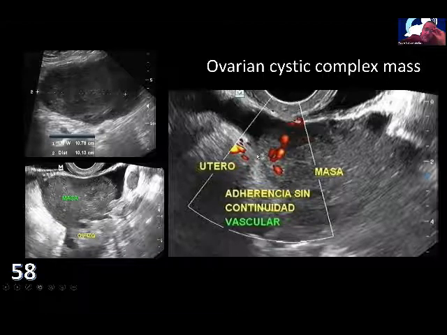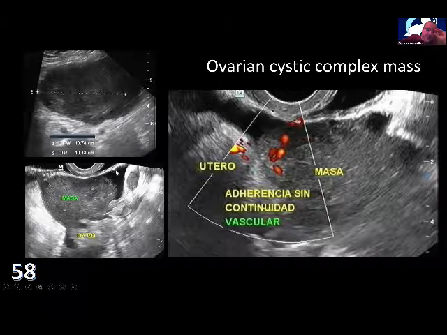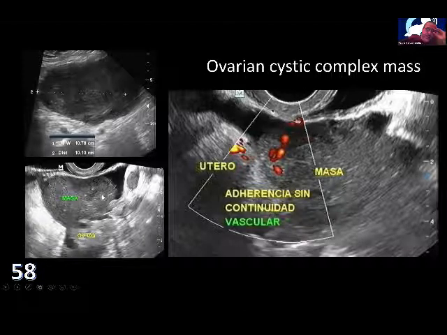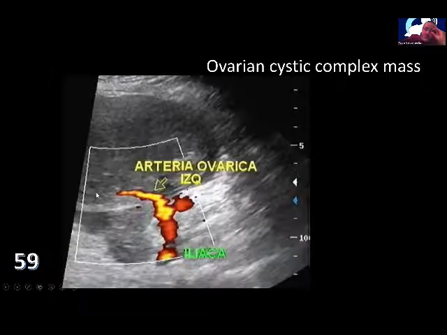It's not a pediculated thing from the uterus, but a thing that attached to the uterus. This is the mass on the right, normal tissue. The left ovary, normal tissue.